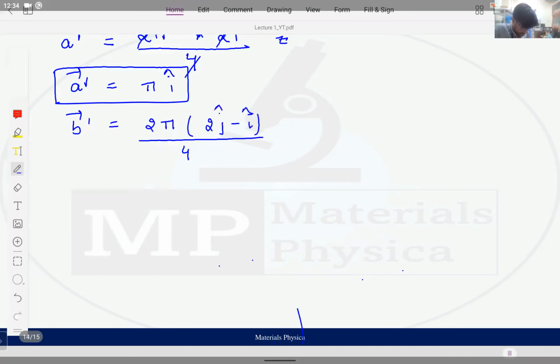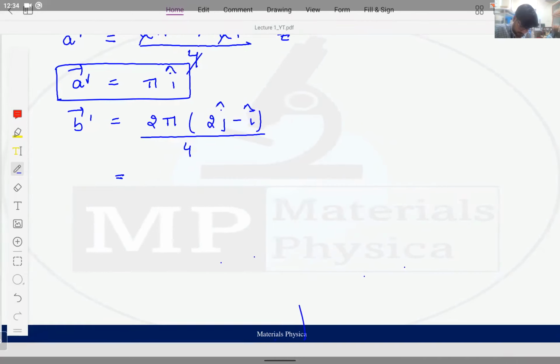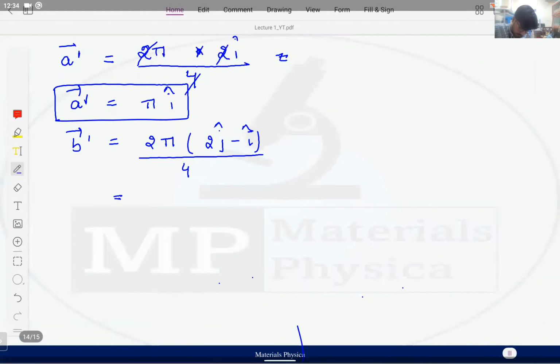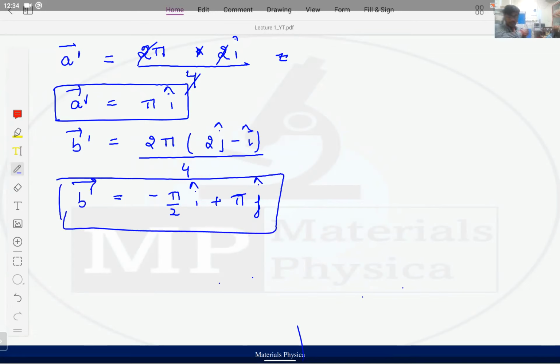So it becomes minus pi by 2 i plus pi j. So we will get the a dash vector and the b dash vector. This is the primitive translation vector of the reciprocal lattice for this 2D lattice.